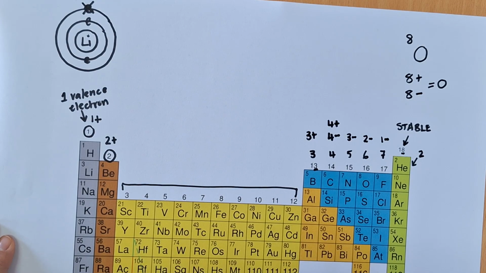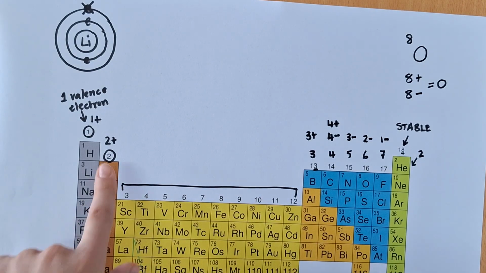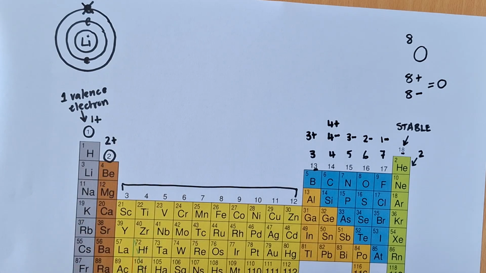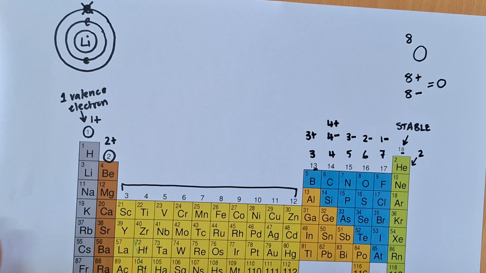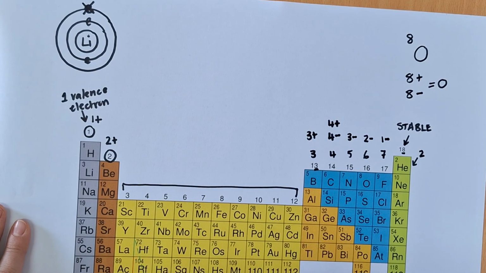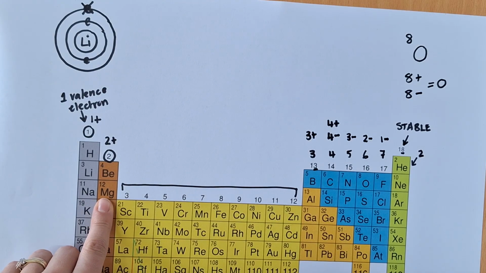When we write the symbol for an ion, we need to write the same symbol that we can see on the periodic table, but then we need to add the charge above it to show that it is a charged ion that has gained or lost electrons. So if I was to write the ion symbol for magnesium, magnesium is over here in group 2.